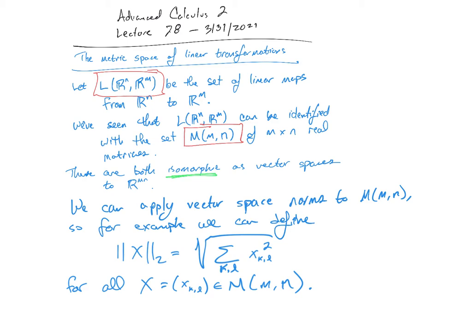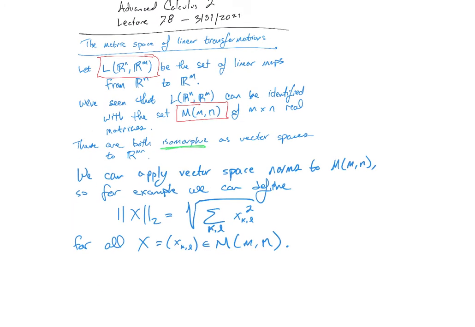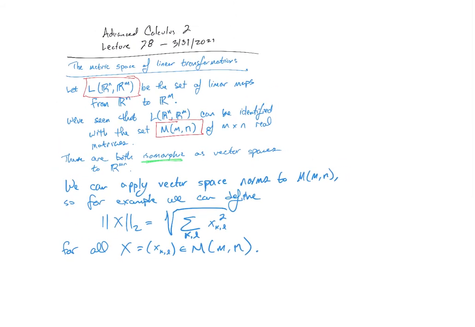Okay. And we don't even need to prove it's a norm. We've already proved it's a norm. It's a norm on the vectors, so it's a norm on the matrices, because matrices are just rectangular vectors. I mean, we can view them just as rectangular vectors. Okay.